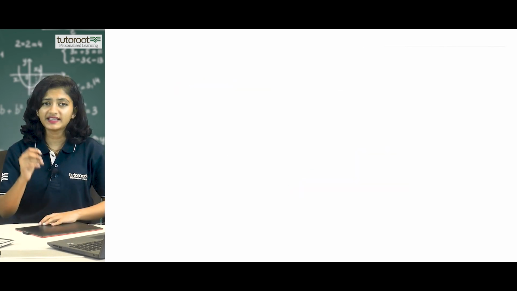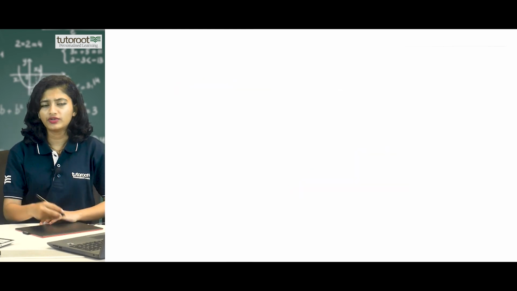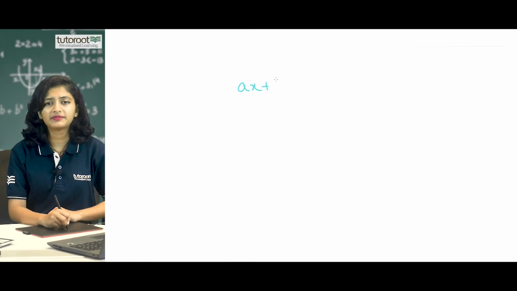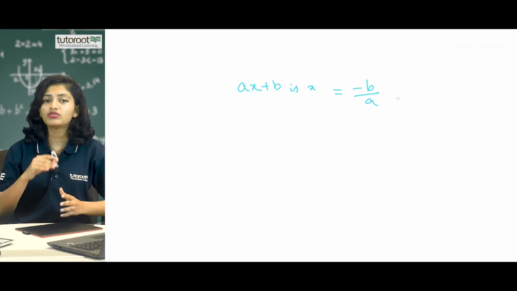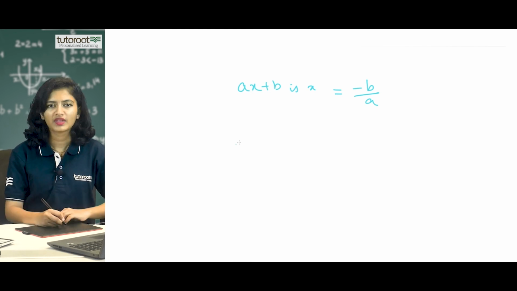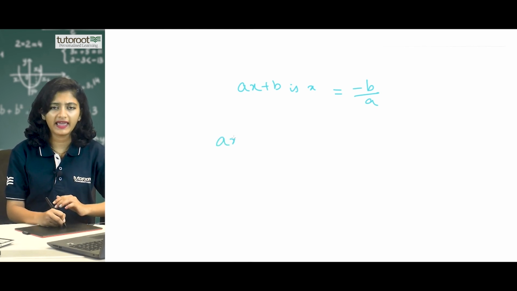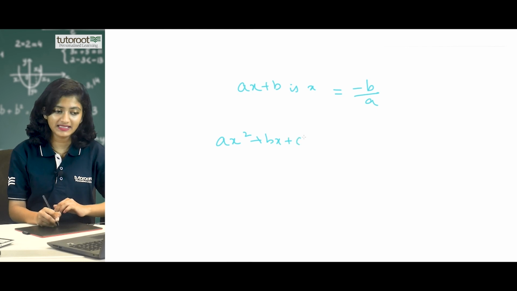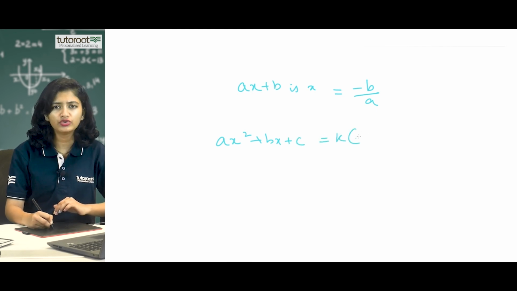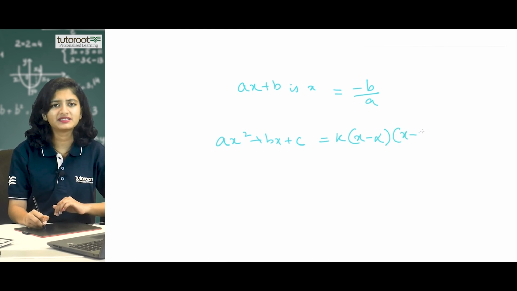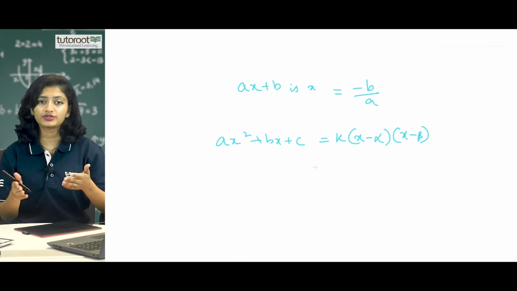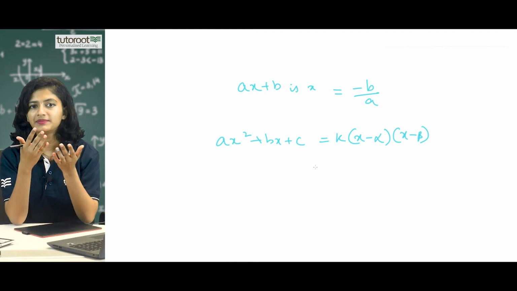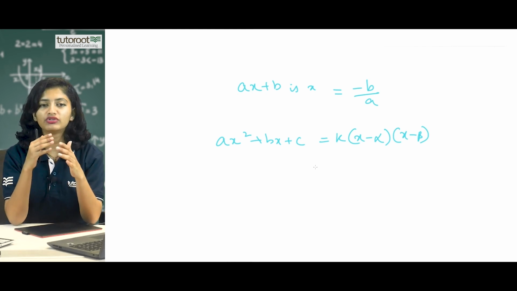Now let's try to understand the examples here. A zero of a polynomial ax plus b is x is equal to minus b by a. Now if we take a quadratic polynomial, ax squared plus bx plus c is equal to k into (x minus alpha) into (x minus beta), where k is any real constant, then alpha and beta are the zeros of the quadratic polynomial ax squared plus bx plus c, and a is not equal to 0.